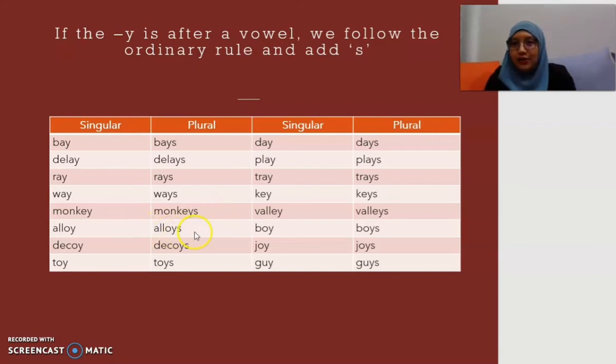Alloy, alloys. Decoy, decoys. Toy, toys. Day, days. Play, plays. Tray, trays. Key, keys. Valley, valleys. Boy, boys. Joy, joys. And guy, guys.